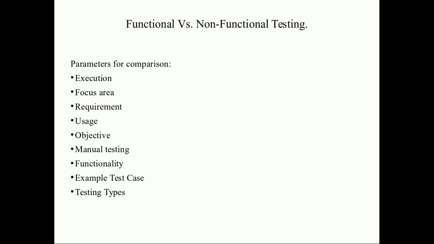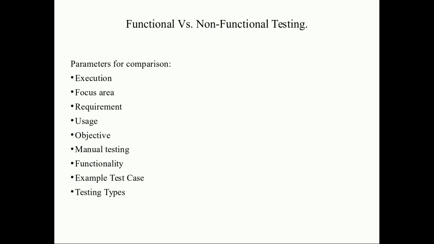Now we talk about examples of the different types of testing. For functional, we have already seen that the types are unit testing, smoke testing, user acceptance, integration testing, regression testing, localization testing, globalization testing, and interoperability. These are the kinds of functional testing.